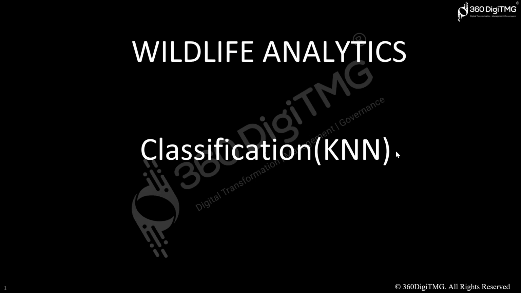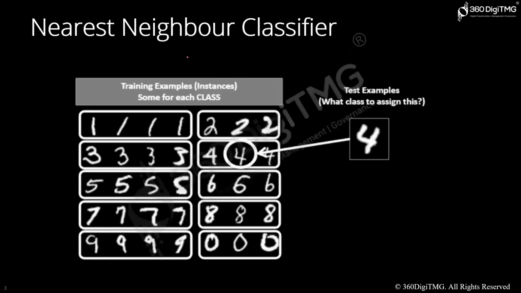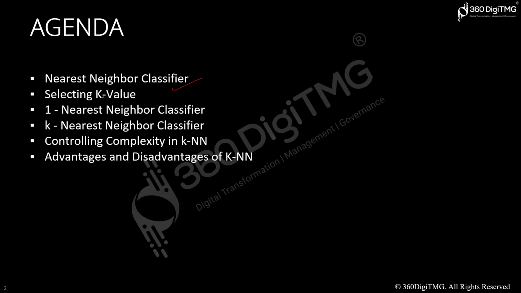The agenda for KNN will be to discuss the nearest neighbor classifier, and we'll be selecting k values, like 2, 1, and so on, for the k nearest neighbor classifier.